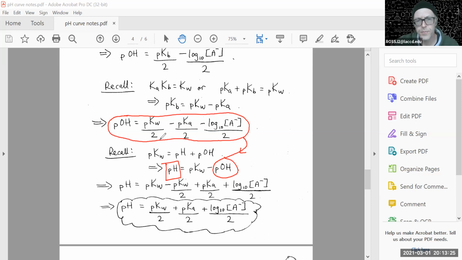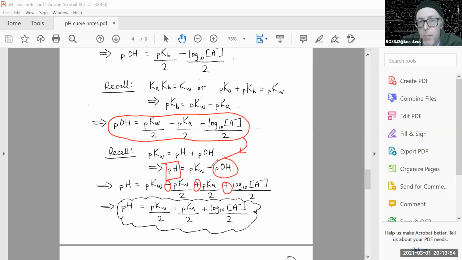So I've got to make this minus pKw over 2. That's where this negative comes from. The minus hits that minus and makes this positive. So plus pKa over 2. And then again, the minus hits that minus and makes it positive. And then I've got this final term. So take a look at those signs.